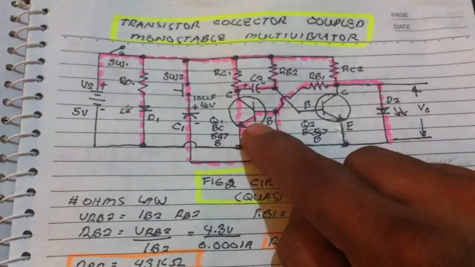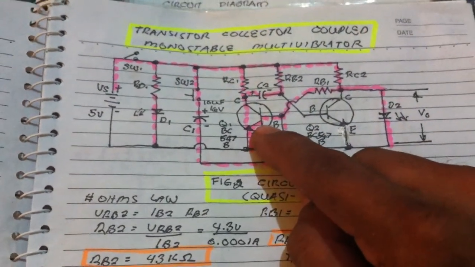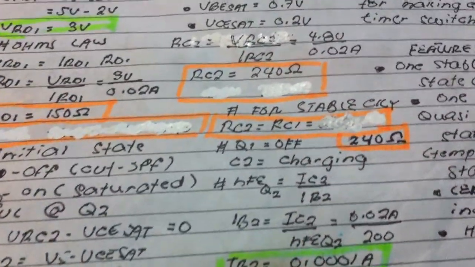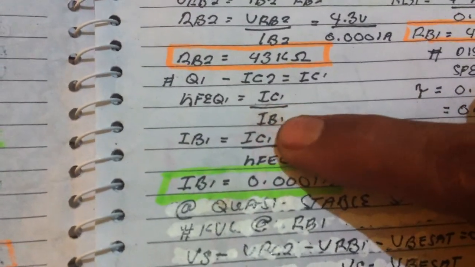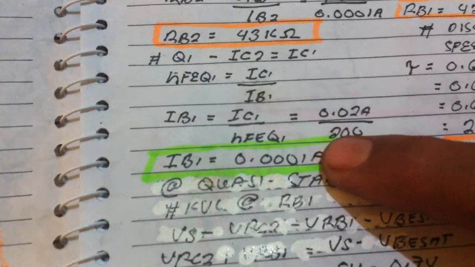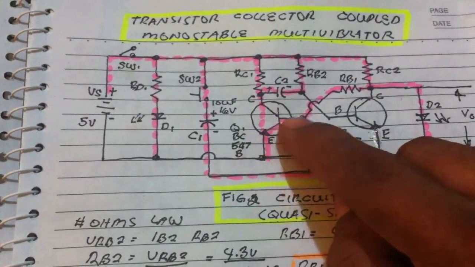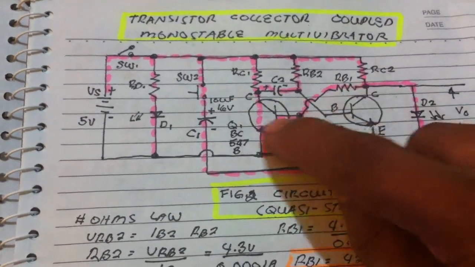We can calculate the base current here using also a transistor formula, almost the same as the previous one: IC over IB, hFE. We now get the base current.